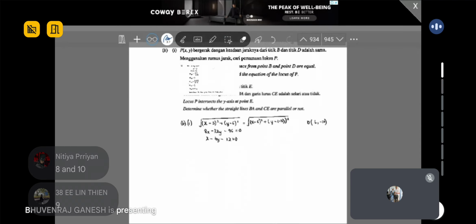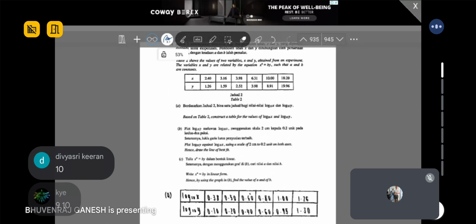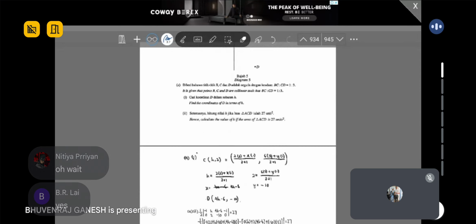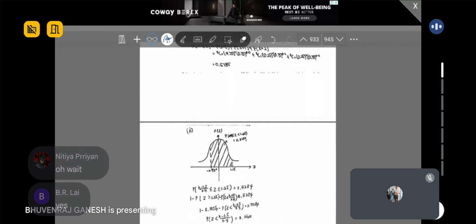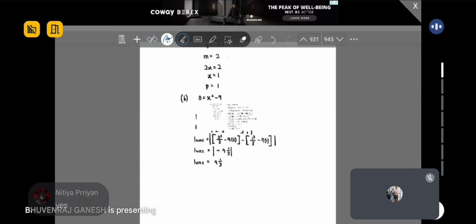And then question 11 is linear law. So what question do you want? 8, 9, 10? Okay, so we do 8, 9, 10. Linear law, I feel like very basic one. I also don't want to discuss. Okay, so we do 8, 9, 10.